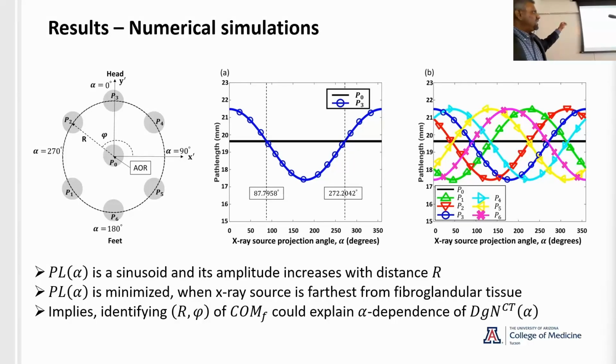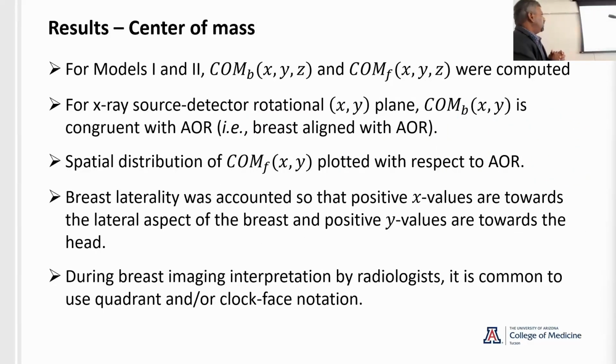And because there's more chance of attenuation, and it's farther from the source, you'll expect a lower dose. So this gives an idea that, okay, if we know what the fibroglandular tissue distribution is, we can then estimate which is the directionality to go for in terms of the short scan acquisition.